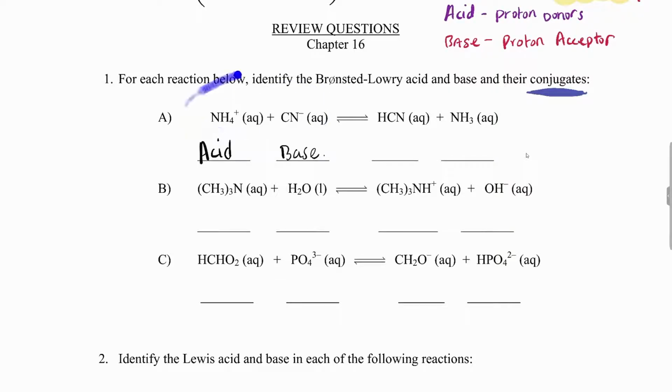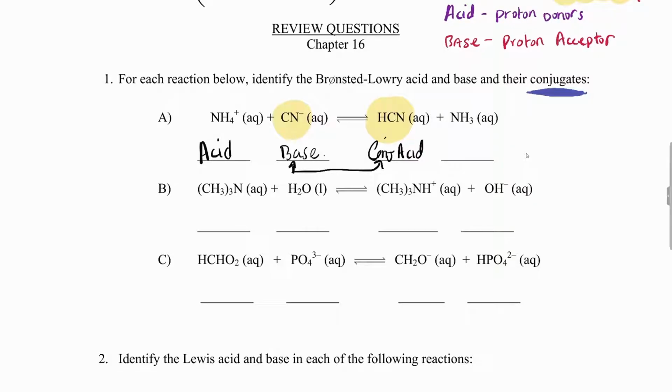HCN has 1 proton, and going this way, it has lost a proton. So we don't call it straight up an acid. We say that it is the conjugate acid of CN-. So we would say that CN- and HCN are conjugates of each other.